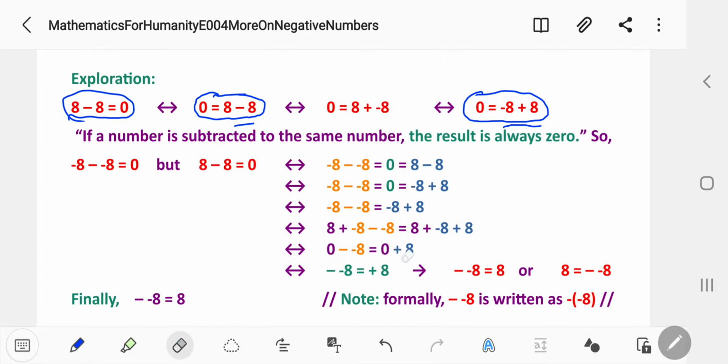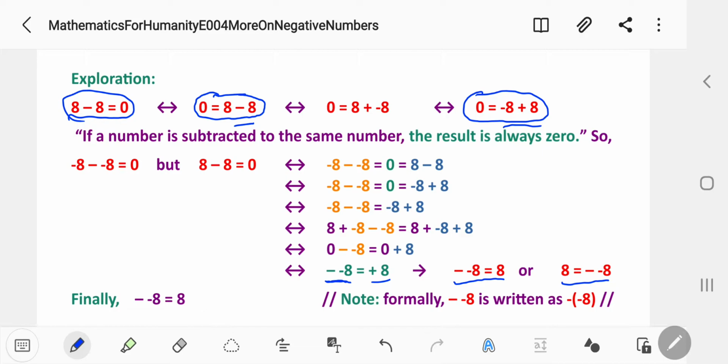So this means that minus negative 8 is equal to positive 8. Or you can forget writing the plus sign. So you have negative of negative 8 is equal to 8, or 8 is equal to minus negative 8, or negative of negative 8.